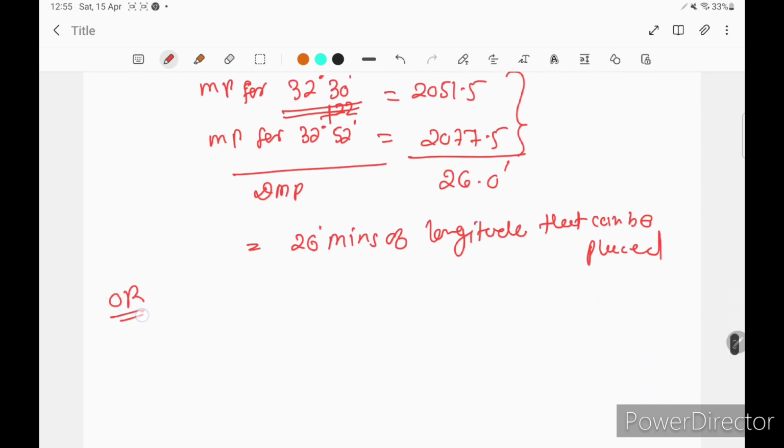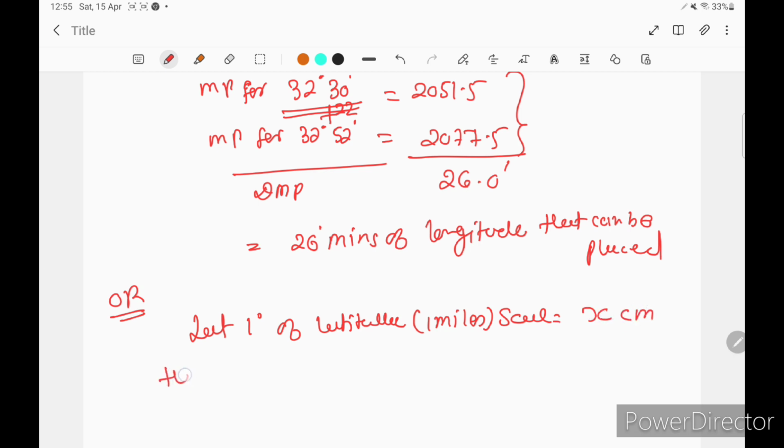Okay, the second method. 1 minute of latitude is equal to 1 mile. Scale is equal to, let's consider, x centimeter. The distance on the chart for 22 miles, for 1 mile is x, so 22 into x cm.